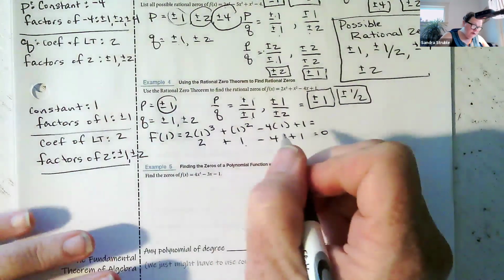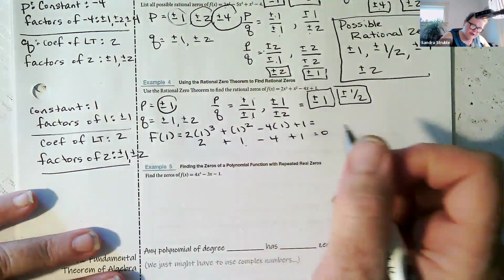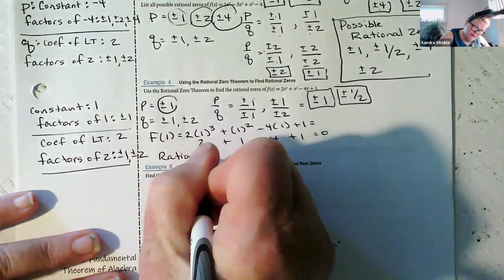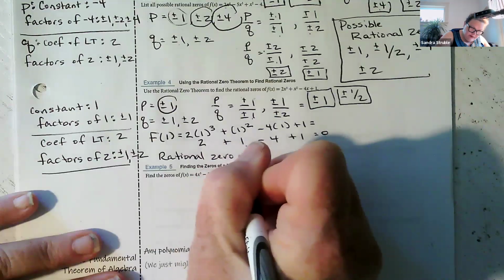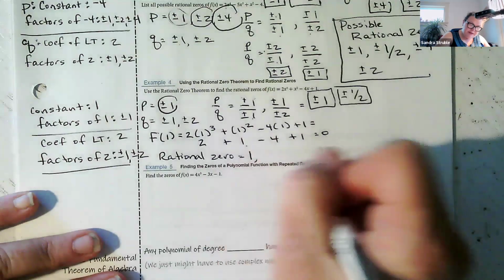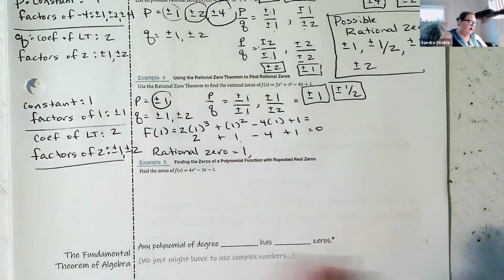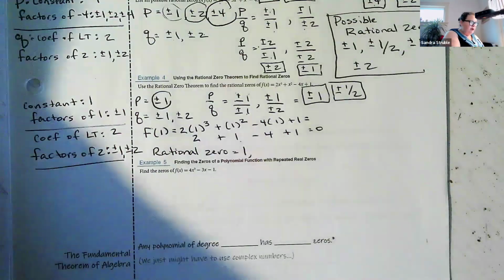Sweet. So 1 is our rational zero. There's 1. I'm going to put my list down here once I'm finished. I'm going to do the other ones on my whiteboard. Actually, I can break out my other piece of paper. Hold on. I got you.